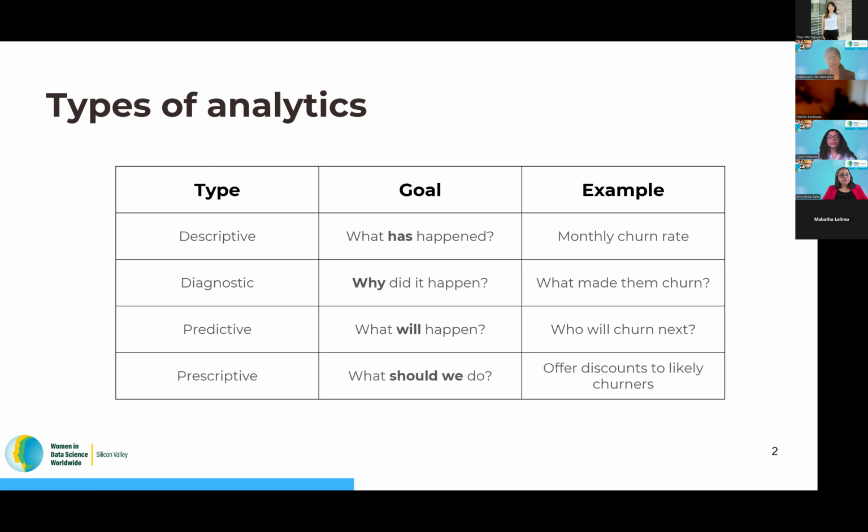And then after that, we can jump into the second part, which is diagnostic, asking why is it happening? For example, why is churn rate higher in the month of February each year? Why is churn rate lower in the months of December and November each year? And then asking the question, what makes these users churn?